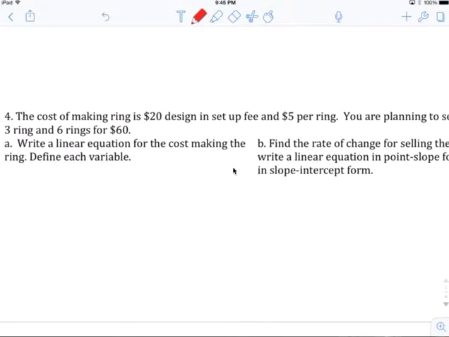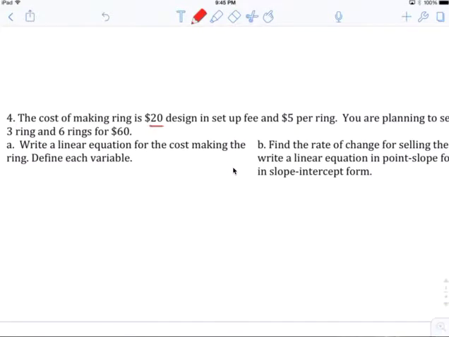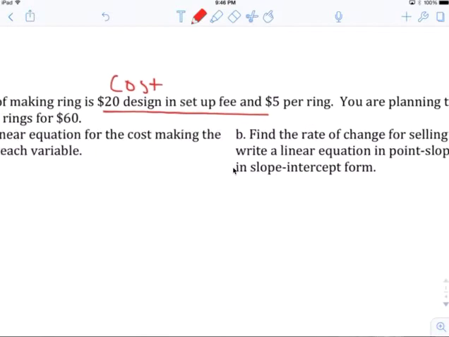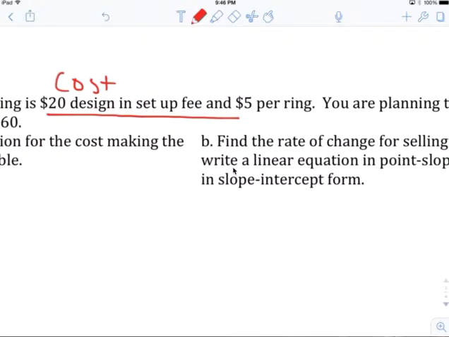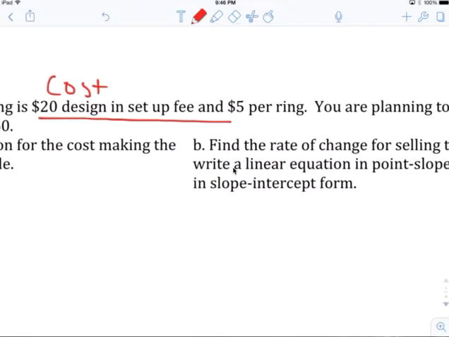Okay, number 4. The cost of making a ring is this. This is cost because it says cost. So I'll write cost again to remind me it's cost. A design setup fee is $20, and "and" means plus. In this case, I know it's plus because there's a "per" right here.